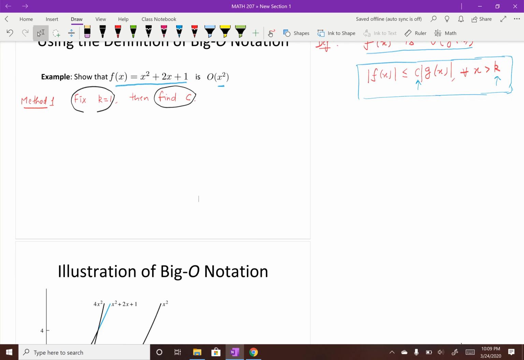In my first method, I fix k equal to 1. Then x is going to be greater than k, that means greater than 1. So you can conclude two things from there. If x is greater than 1, then x square is going to be greater than 1, just by taking a square.